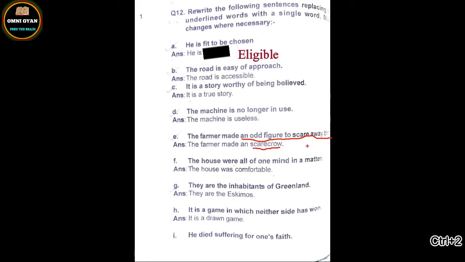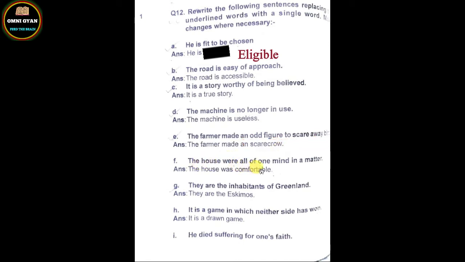Birds come and eat away the crops, right? So farmers make scarecrows. So an odd figure to scare away birds. Scarecrow does not mean they scare away crows only. It can be any bird. So the farmer made a scarecrow. Not an scarecrow, a scarecrow.